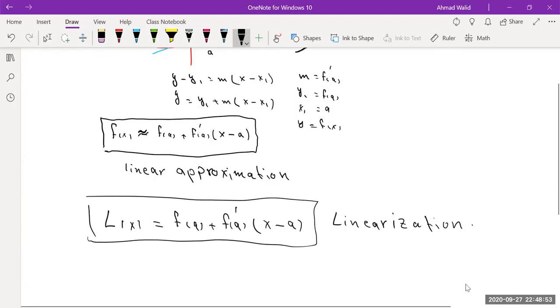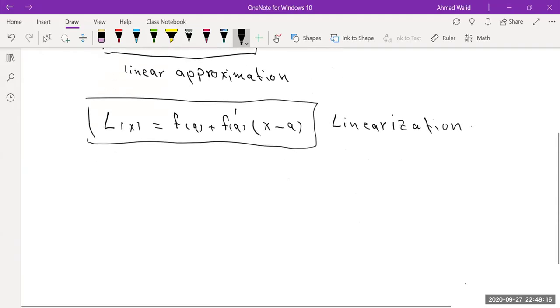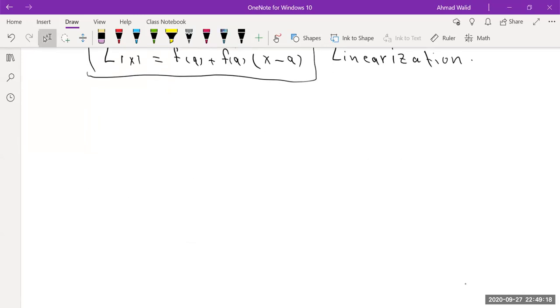Only two things to remember. f of x approximately equals f of a plus f prime a times x minus a. We call this one linear approximation. Soon I'll do an example and you will learn why we call it that. And L of x equals f of a plus f prime a times x minus a. We call this formula linearization, correct?